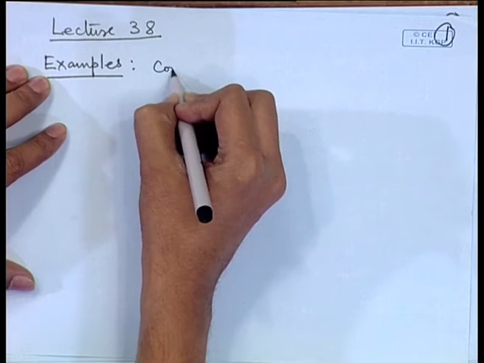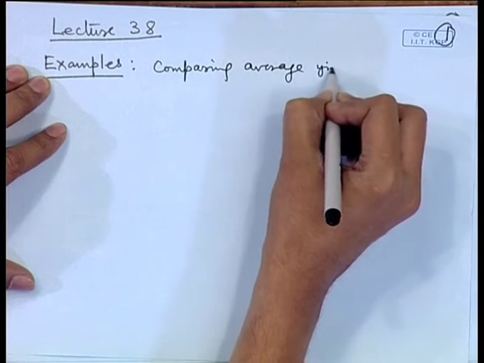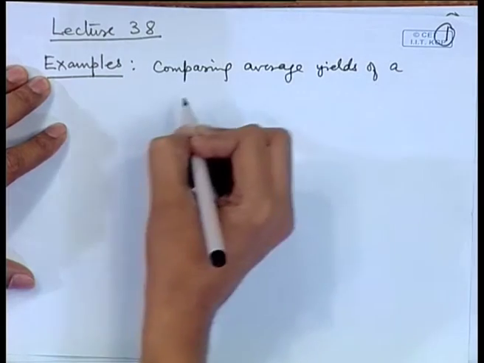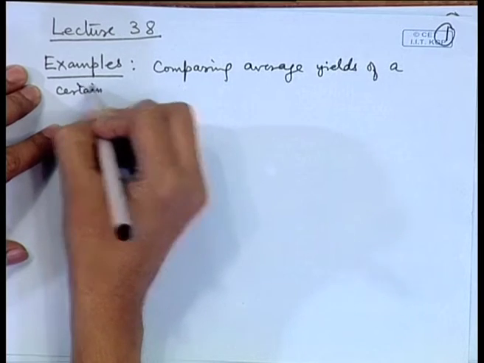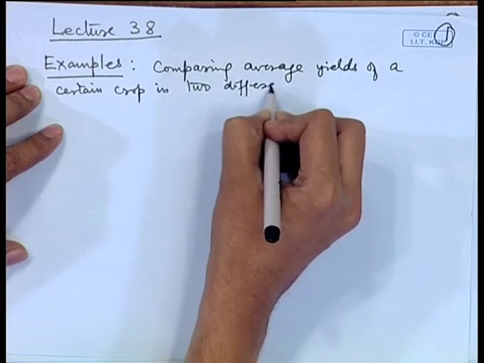Suppose we want to compare the average yield of a certain crop in two different states. Then we may have a random sample taken from the two states. So we are comparing average yields of a certain crop in two different states.